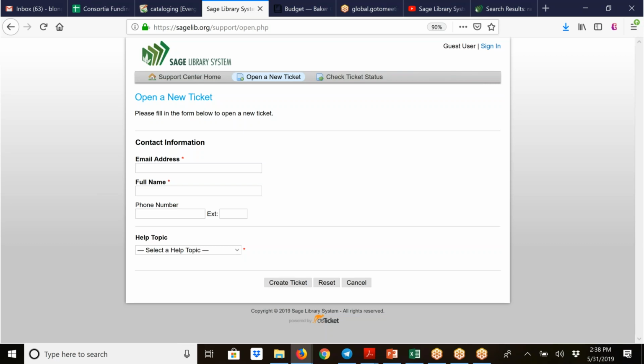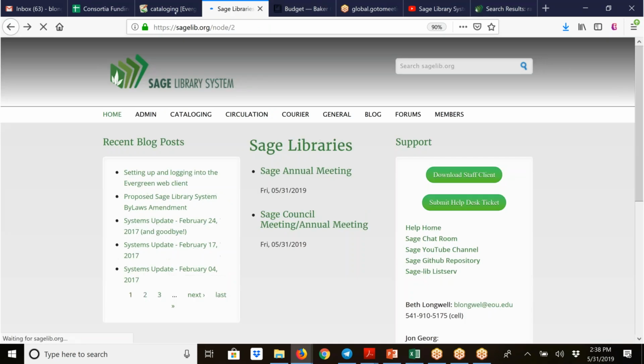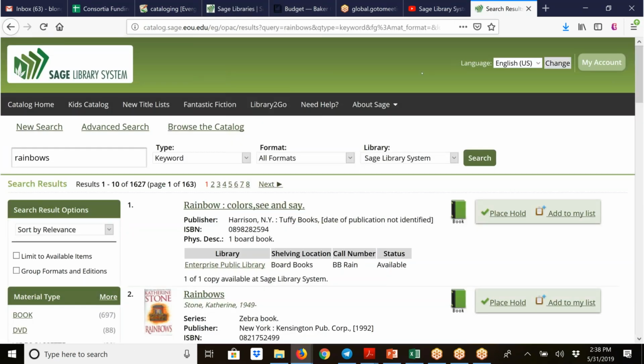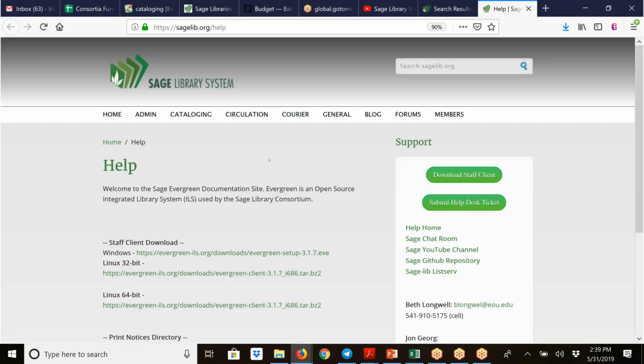You can also get to it from the catalog. Yeah. Okay, catalog. Oh, Sam already logged in.